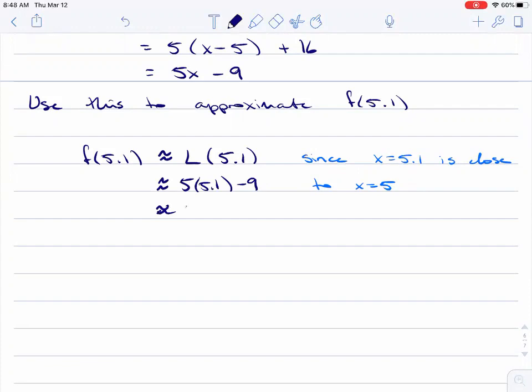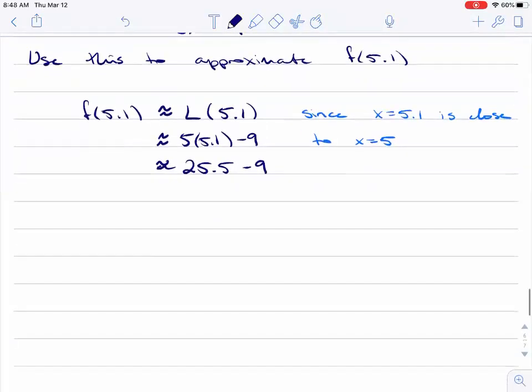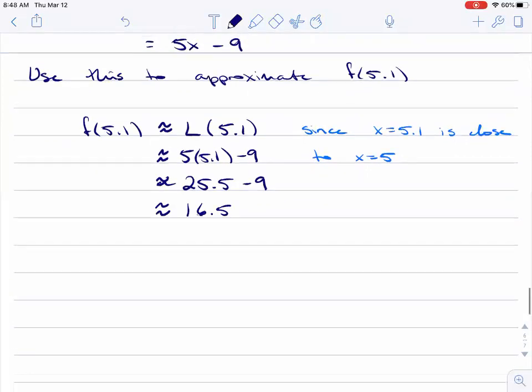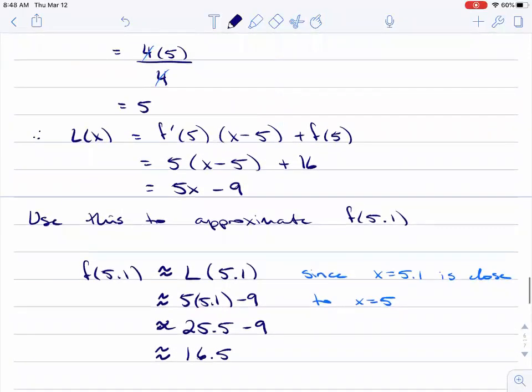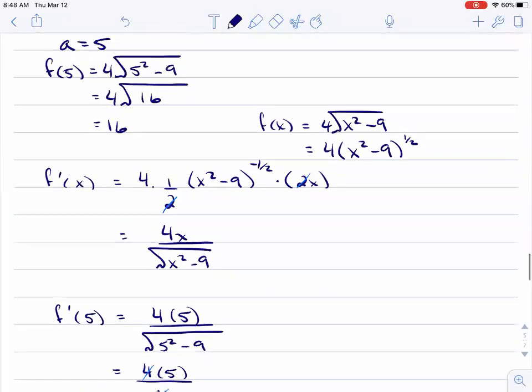But we get 25.5 minus 9, which puts me at roughly 16.5. So that's my approximation of f of 5.1, which is actually kind of elaborate, right?